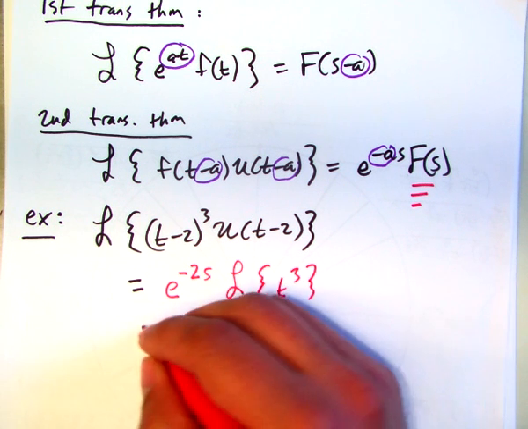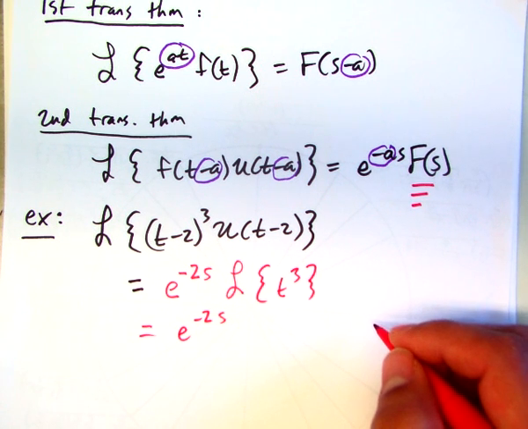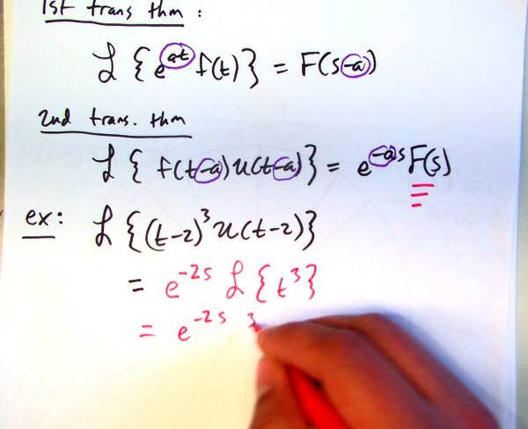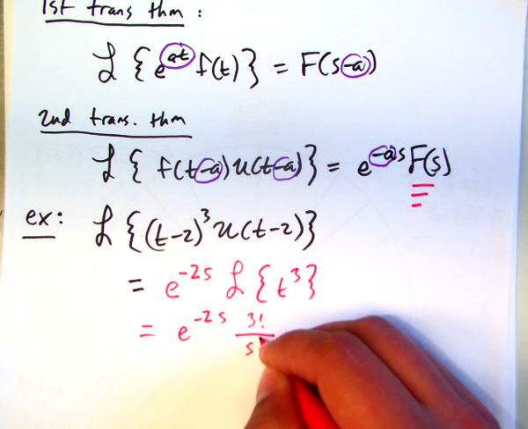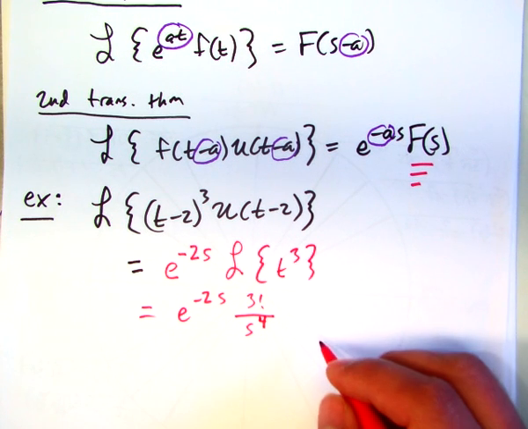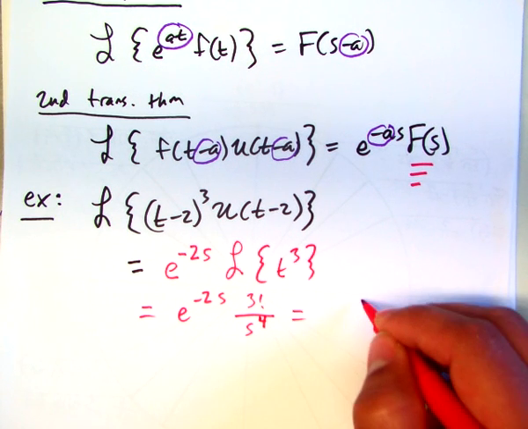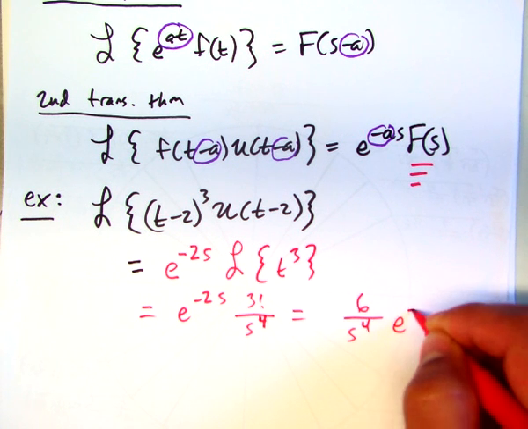So then this is e to the minus 2s times, what is that? 3 factorial over s to the 4th. One more than the degree. So 6 over s to the 4 times e to the minus 2s.